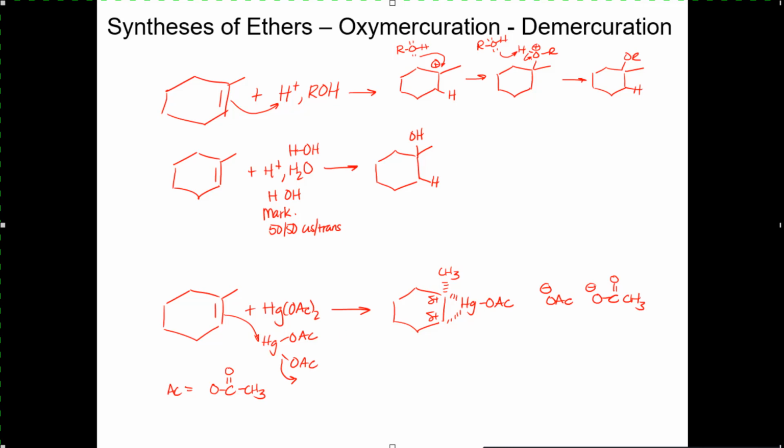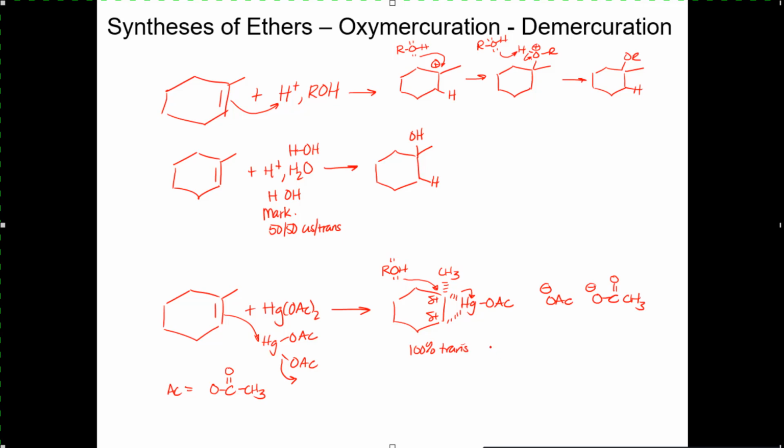Now, normally we would add mercury acetate and water. What if I added mercury acetate and an alcohol? What would happen? Well, the alcohol would add to the most substituted carbon, and then the mercury would end up swinging over. And remember, this addition would be 100% trans.